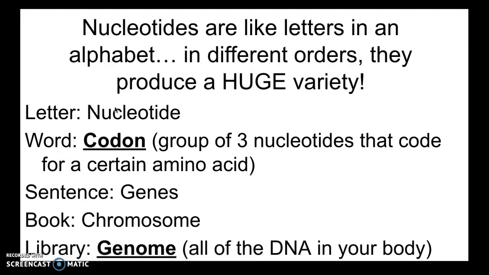nucleotides are individual A, T, G, C, and U's, because we're looking at RNA actually. A codon is a group of 3 nucleotides that code for a certain amino acid. So 3 letter combinations make up one of the 20 amino acids.